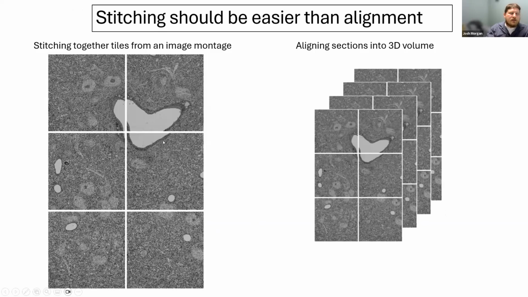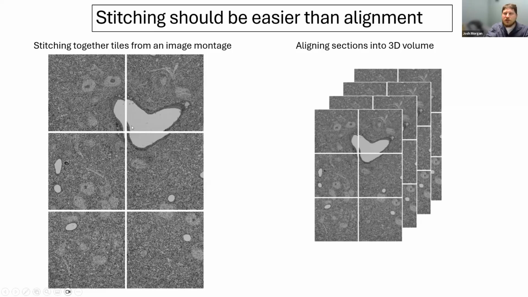Generally, for array tomography, stitching the tiles should be a really easy step. If you have your sections on a solid substrate and your beam is stable and things aren't charging, which for the most part, on a conductive substrate, you should be okay, then the image you take of this little blood vessel from tile 1 should be pretty much identical to the image you take of this blood vessel for tile 2.